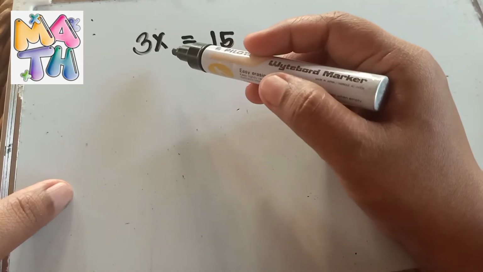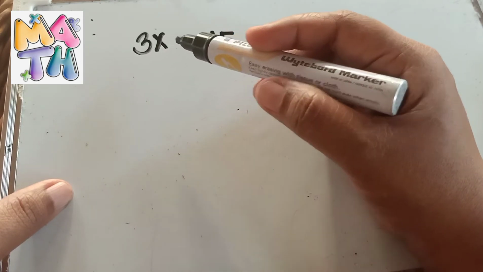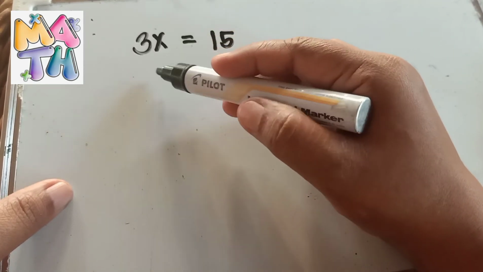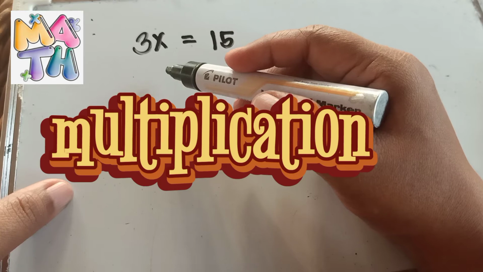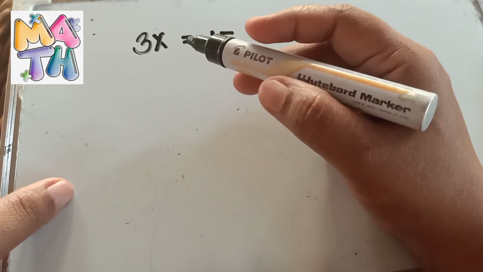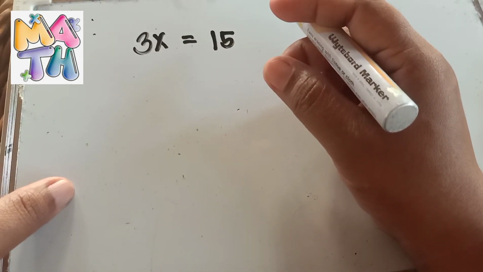Okay? 3x here is not 3 plus x, but 3 times x. The operation involved here is multiplication. So as I have said, we will do the inverse, and we are going to do it on both sides of the equation, not just on one side.